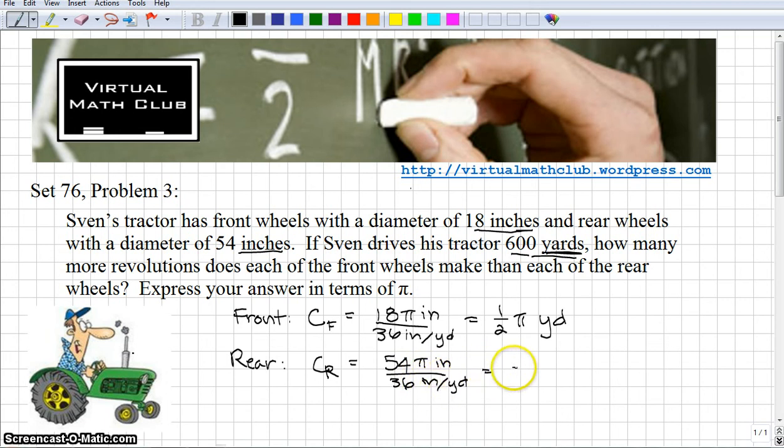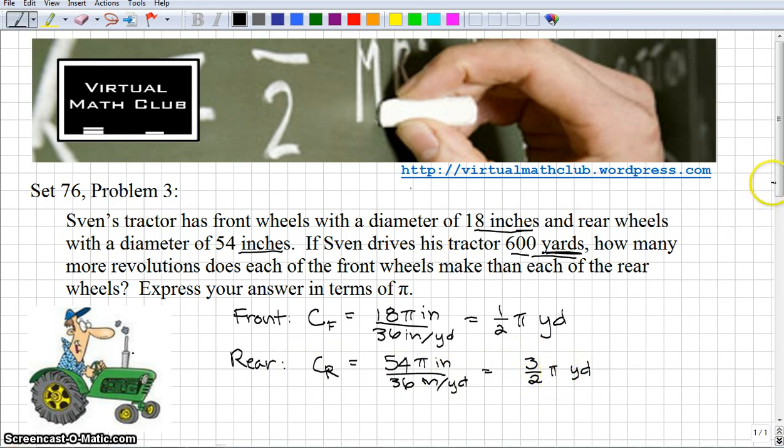If we reduce that fraction down, we end up getting 3/2 pi yards. So this is telling us that in order for the front wheels to make one revolution, it has to travel 1/2 pi yards, and in order for the rear wheels to make one revolution, we have to travel 3/2 pi yards.